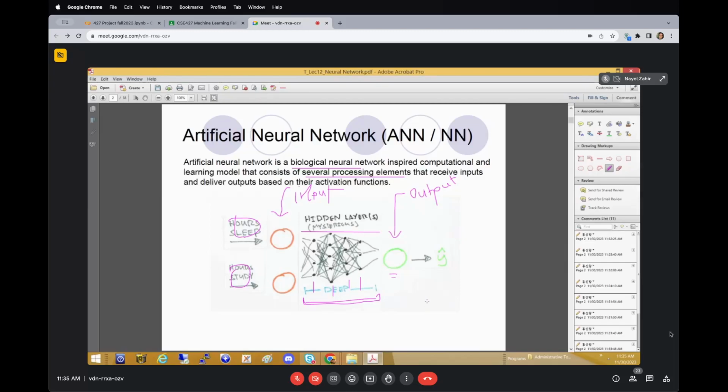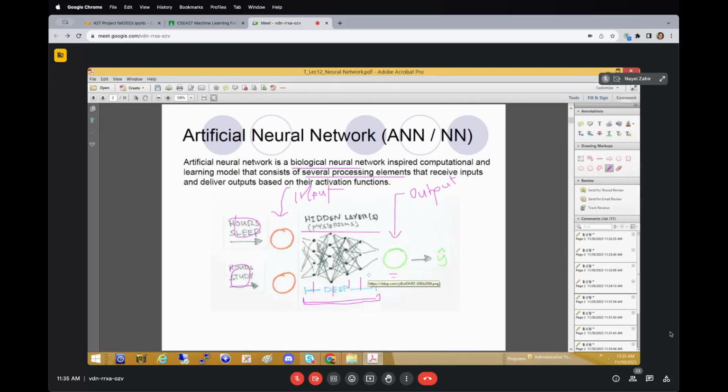Also, based on the number of hidden layers, we decide whether this network is deep or shallow. Usually in shallow neural networks we consider that we only have one hidden layer. If there is one hidden layer, we call it a shallow neural network.